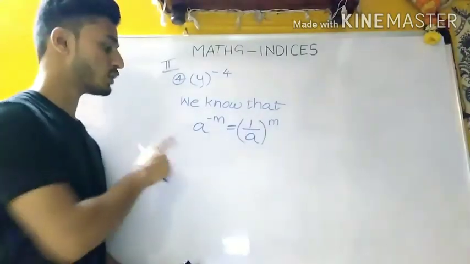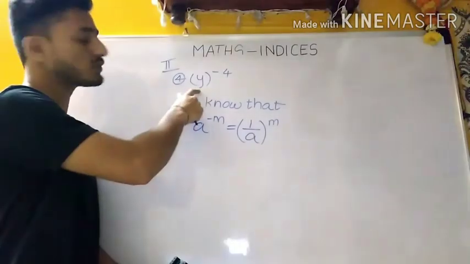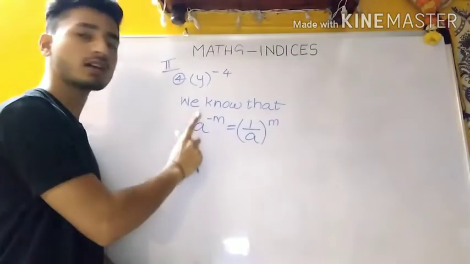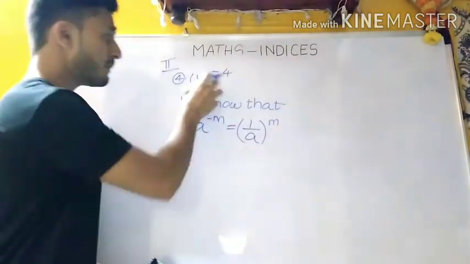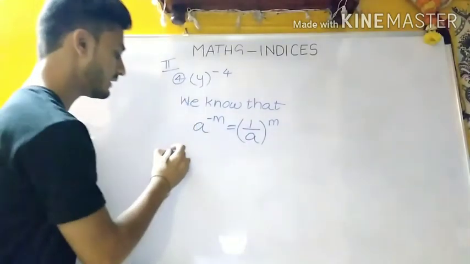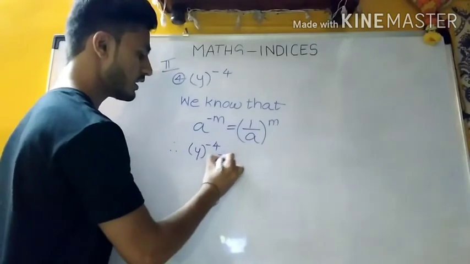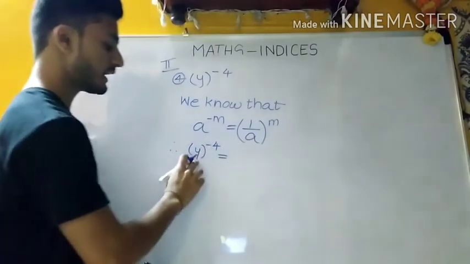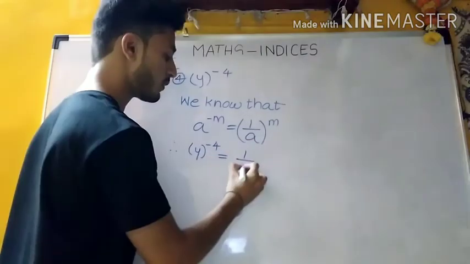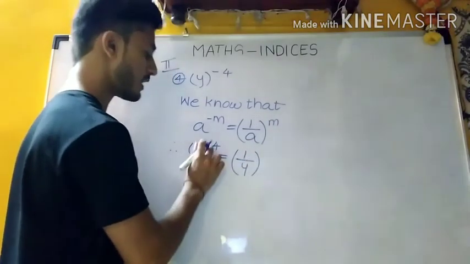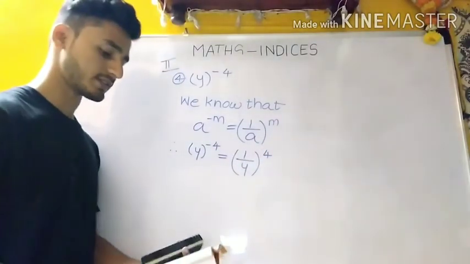When there is a numerator as well as a denominator, you will use the previous formula, but if there is no denominator, you will use this formula, or this law of indices. Now comparing with the formula and converting it, we get y raised to the power minus 4 is equal to, now we have to take the reciprocal. Now there is no denominator, we will assume 1, so it will be 1 upon y raised to the power minus 4 will become plus 4, and this is your final answer.